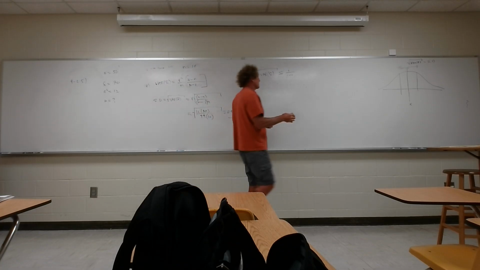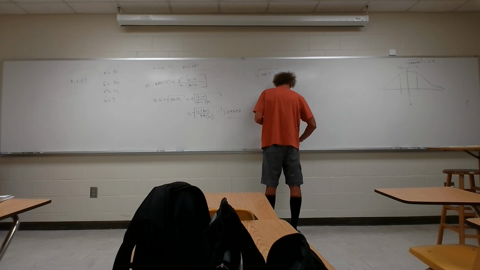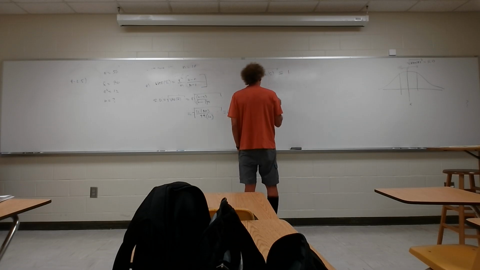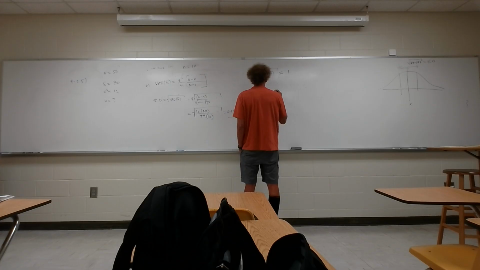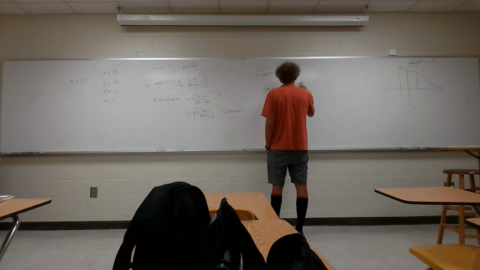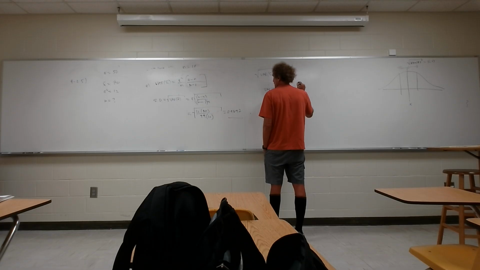Okay, so basically 1. And 1 squared is 1, so I get the variance of x is equal to 1. Then I'm going to take that whole thing again. For this one, you're going to have sigma squared, so you have 12.